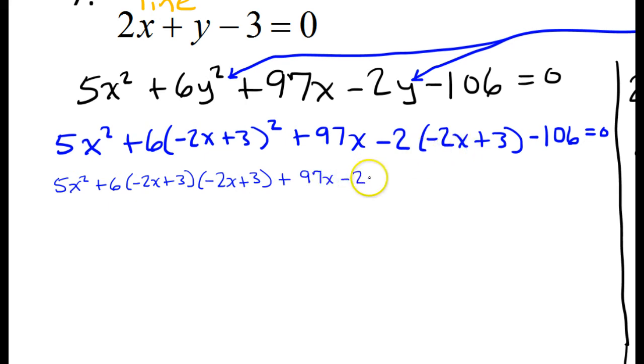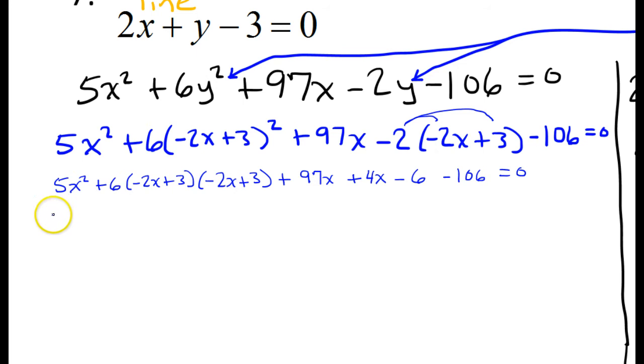Actually, I can go ahead and do the distributive property here. So scratch that. I'm doing the distributive property right now, so that's going to give me plus 4x minus 6. And then I've got the minus 106 is equal to 0.